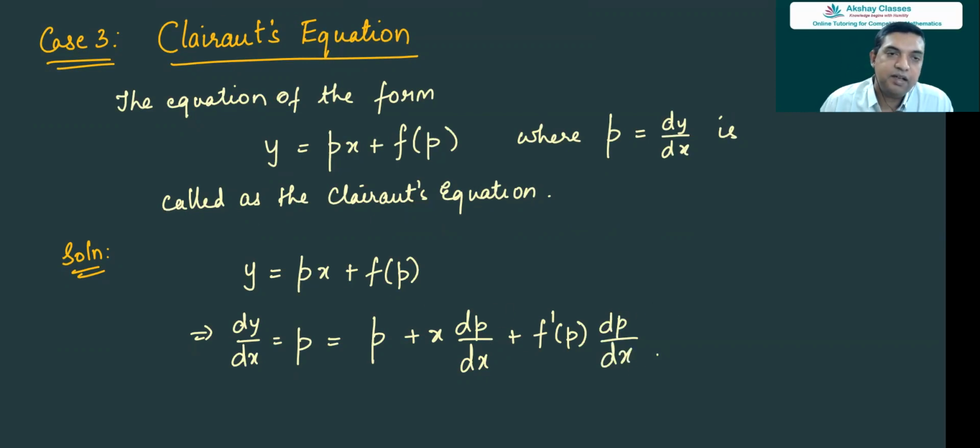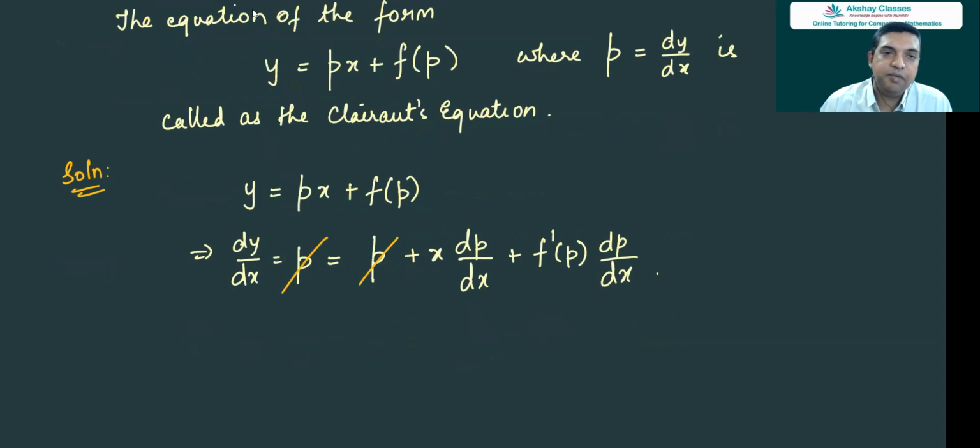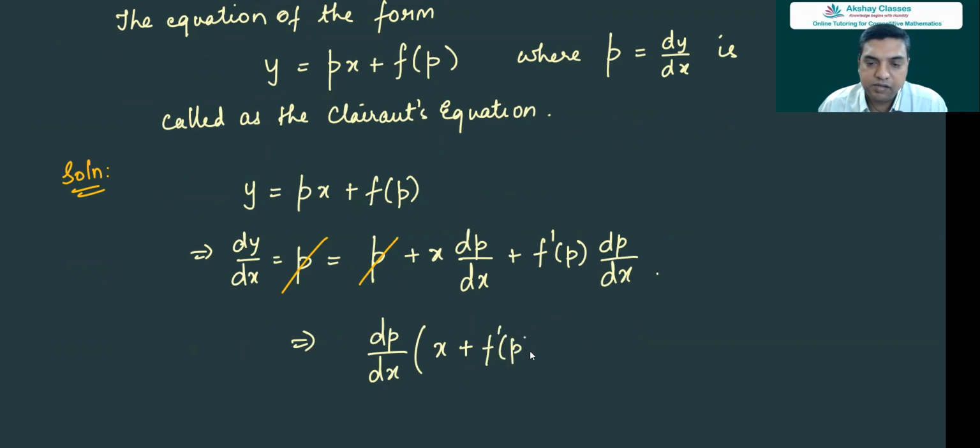Now what happens is this p and this p get cancelled. And then dp by dx we can take out common. And we are left with x plus f dash p, this is df by dp, is equal to 0.